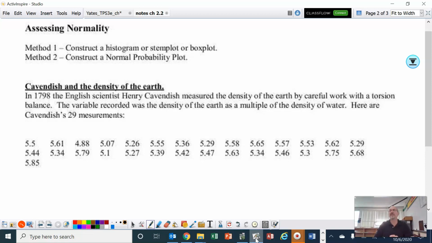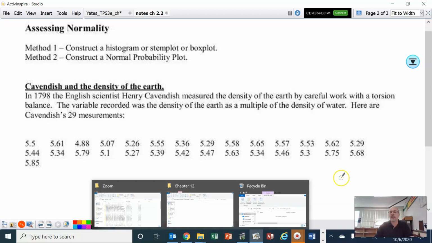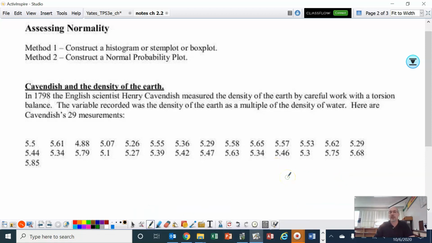I advise sticking with the box plot and with that normal probability plot I'm going to show you whenever checking for normality. On the AP test, they've never said you have to check for normality in this way. They've always said check for normality, and I always advise either the box plot or the normal probability plot, and they're both just as easy with the calculator.